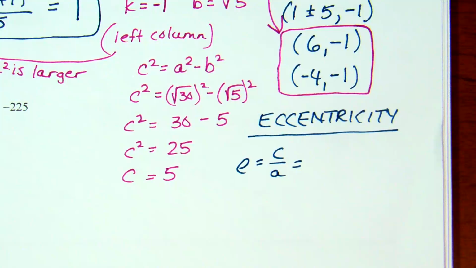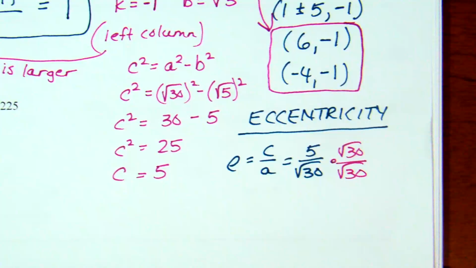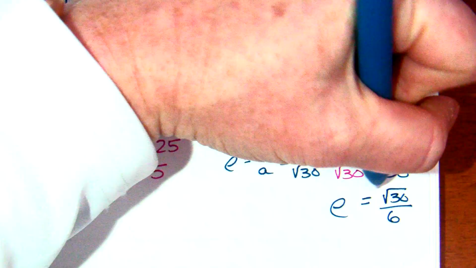I can't remember if the book lets you leave a radical in the denominator. To rationalize, I multiply by square root of 30, because I want that out of the denominator. So then I have 5 square root of 30 over square root of 30 times square root of 30, which is 30. 5 over 30 reduces to 1 over 6. So it becomes square root of 30 over 6.